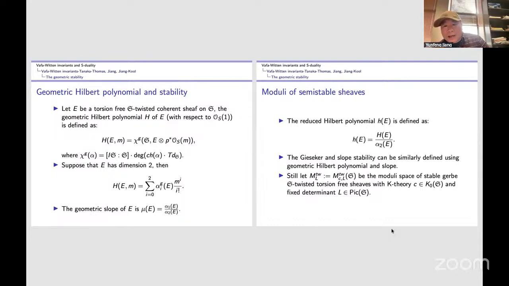So I let M^tw(S) be the moduli space of stable gerbe-twisted torsion-free sheaves with K-theory class c belonging to the K0 group. I fix the determinant, which means the structure group will be SL_r if the rank is r. This is very similar.